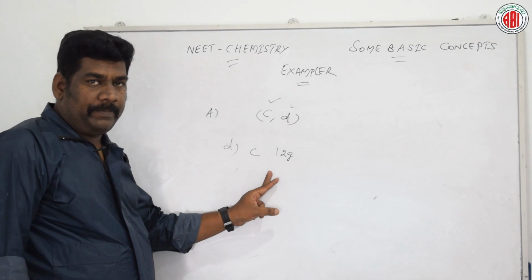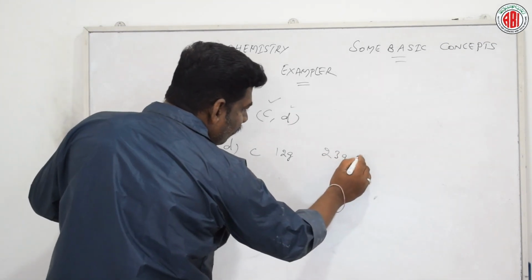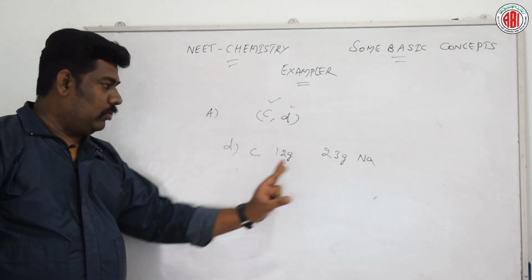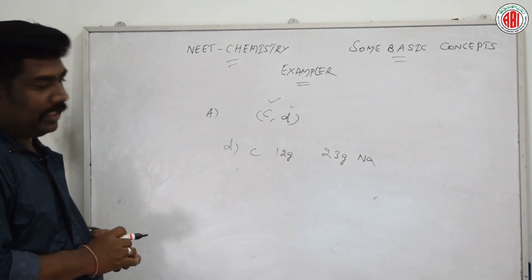And one more pair in this case, 23 gram of sodium. So 12 gram of carbon, 23 gram of sodium. Okay.